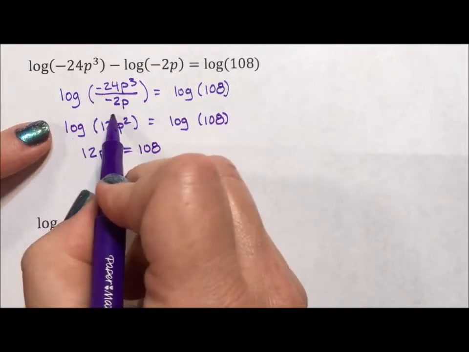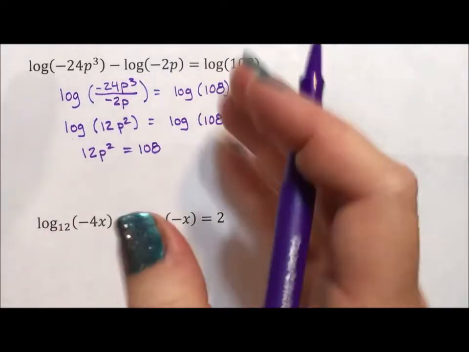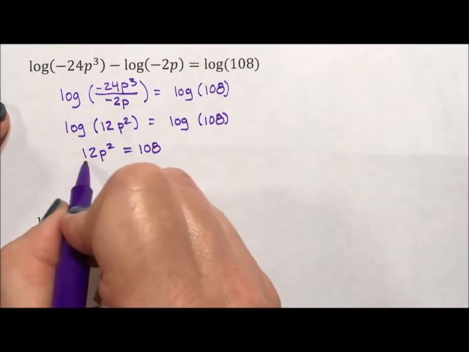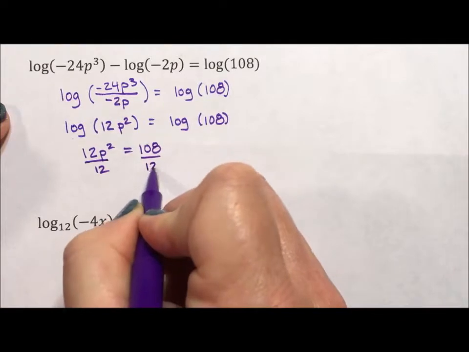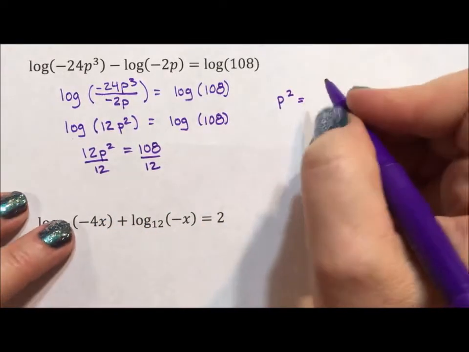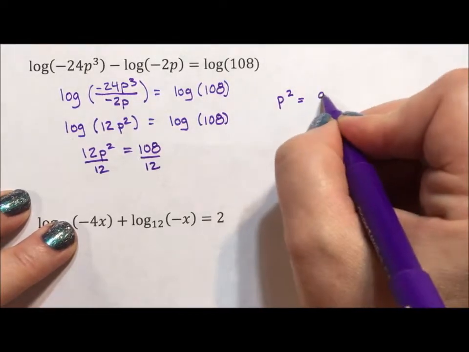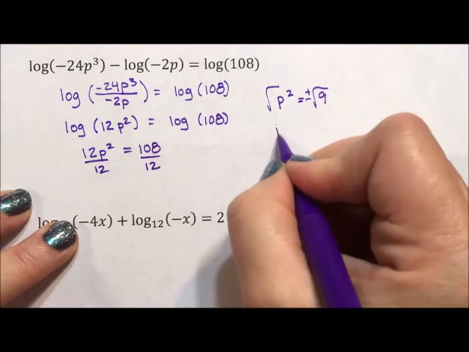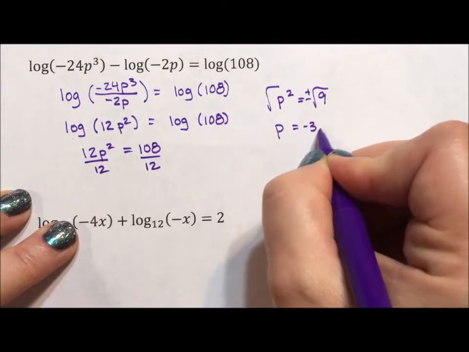Because we have log of something equaling log of something with nothing else adorning these equations, we can just say that they have to equal each other. I'm going to divide by 12, and I'm going to get that p squared is equal to 9. Then I'm going to square root, but I have to acknowledge that it could be a positive or a negative, so negative 3 or 3.